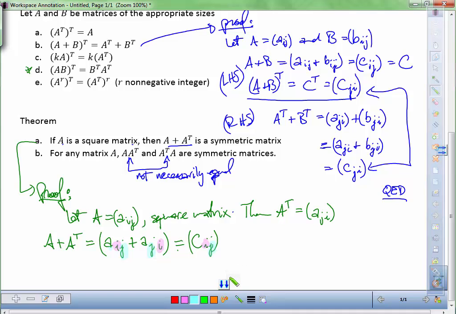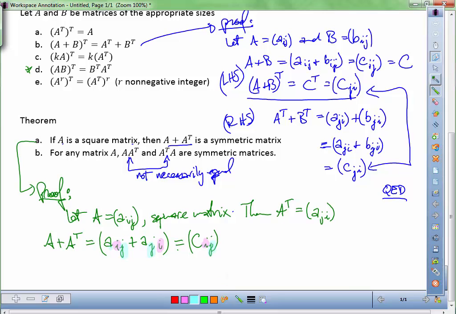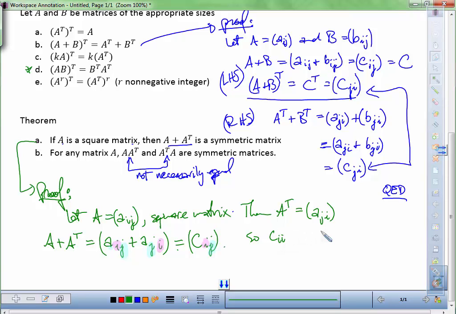So let's take a look at the Cij element. Turns out that the diagonal isn't going to be that big of a deal. It doesn't matter what the diagonal is, right? For this Cii, what I mean is I want to look at C11, C22, C33, etc. Okay?